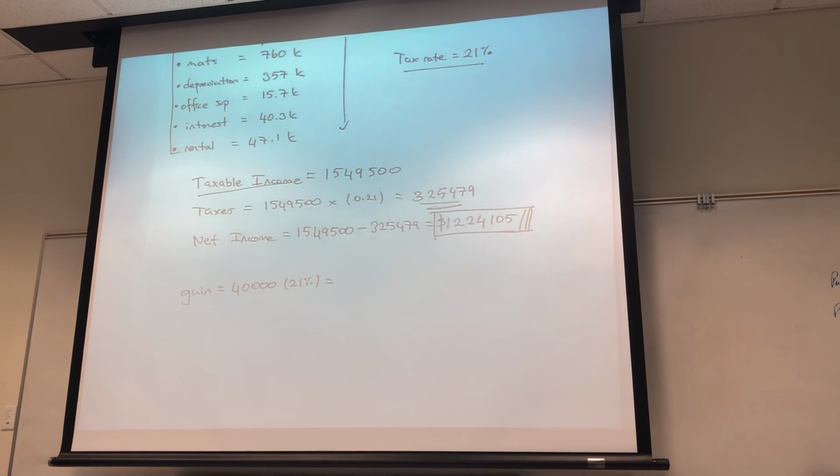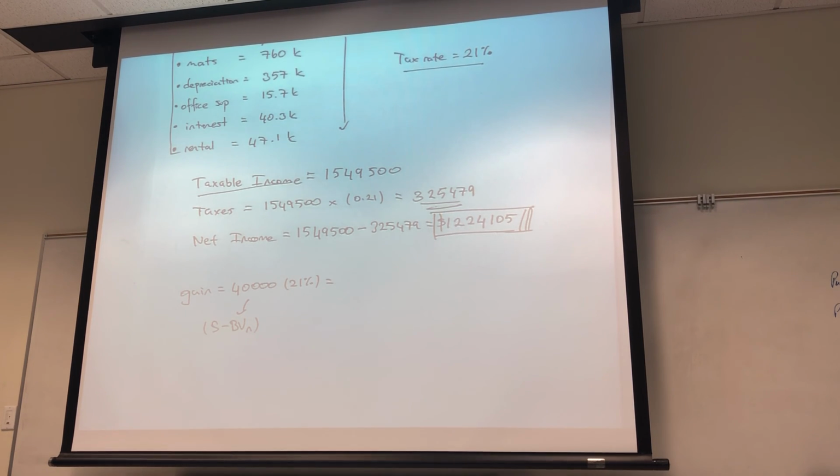So on the loss part, let's make it 4,000. And this will be equal to book value minus the salvage. Why? Because the book value is now greater, right? And this will be 21% of it. And do we count it as tax?